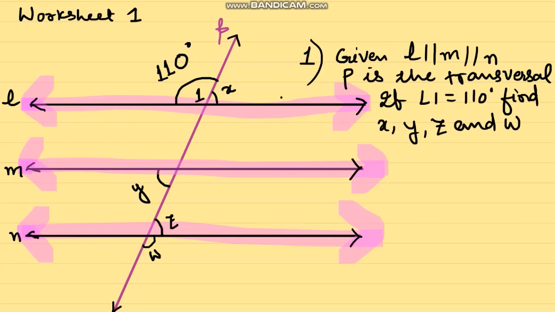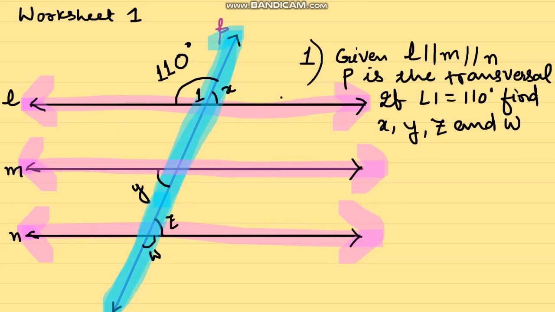Now P is a transversal. See, this is line P which is the transversal. What is a transversal? Transversal is a line which intersects two or more lines in distinct points.